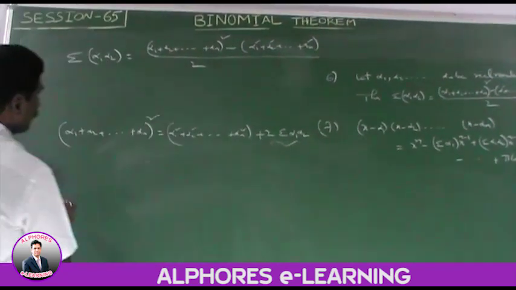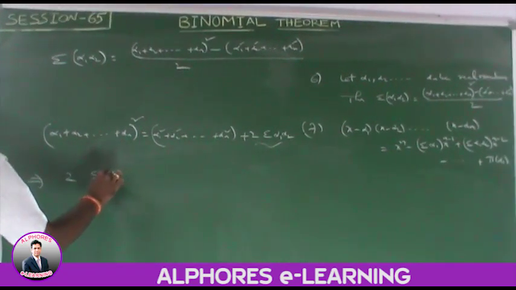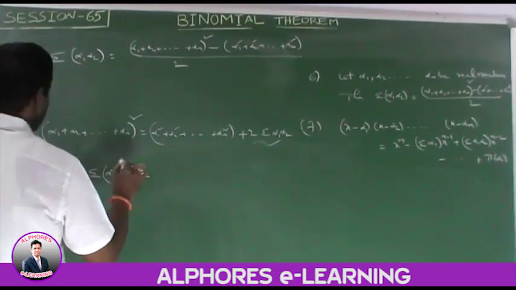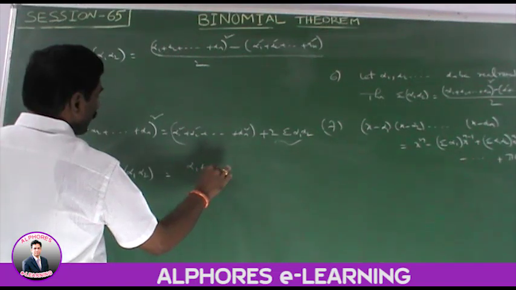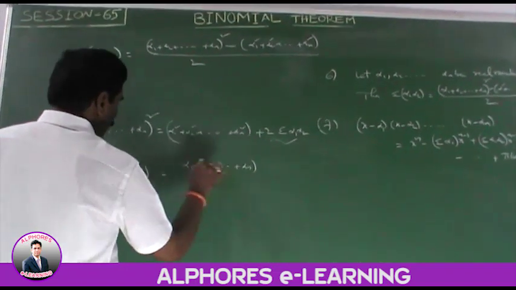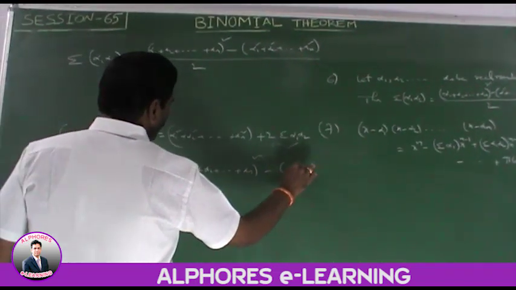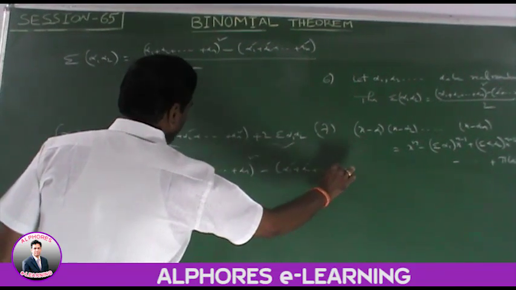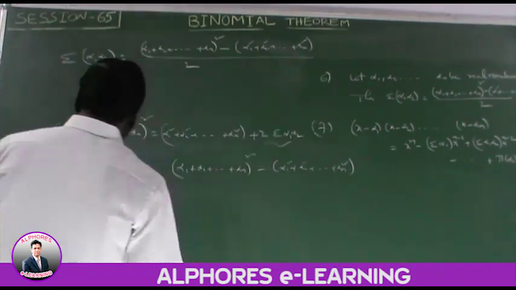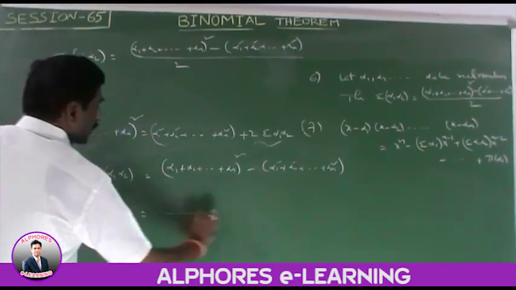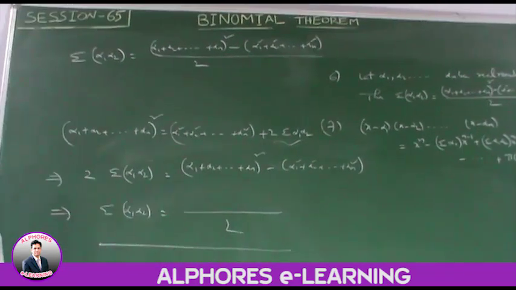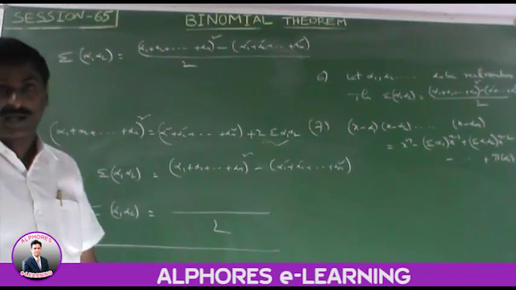Moving this value to LHS, sigma alpha 1 alpha 2 is equal to alpha 1 plus alpha 2 plus so on alpha n whole square minus of alpha 1 square plus alpha 2 square plus so on alpha n square, by 2. It is the required value. Please note this value, very, very important.